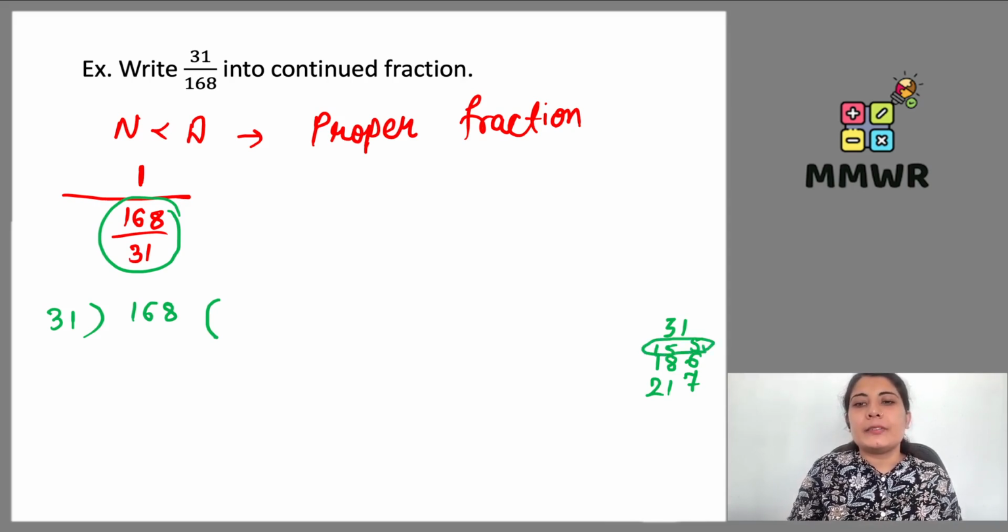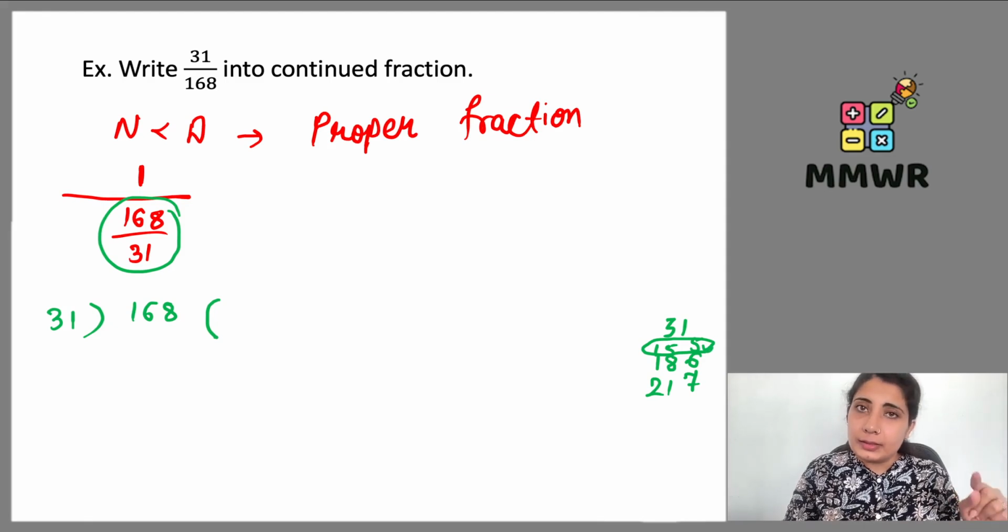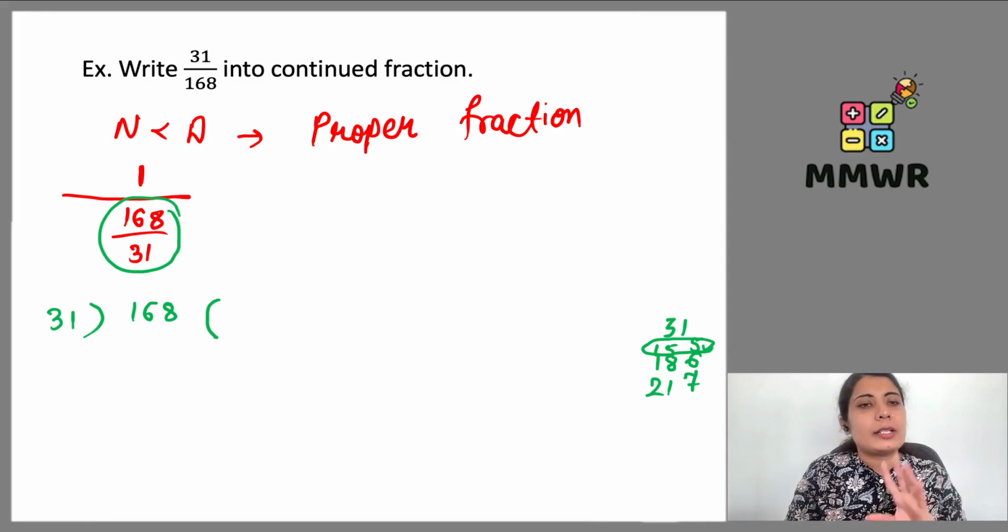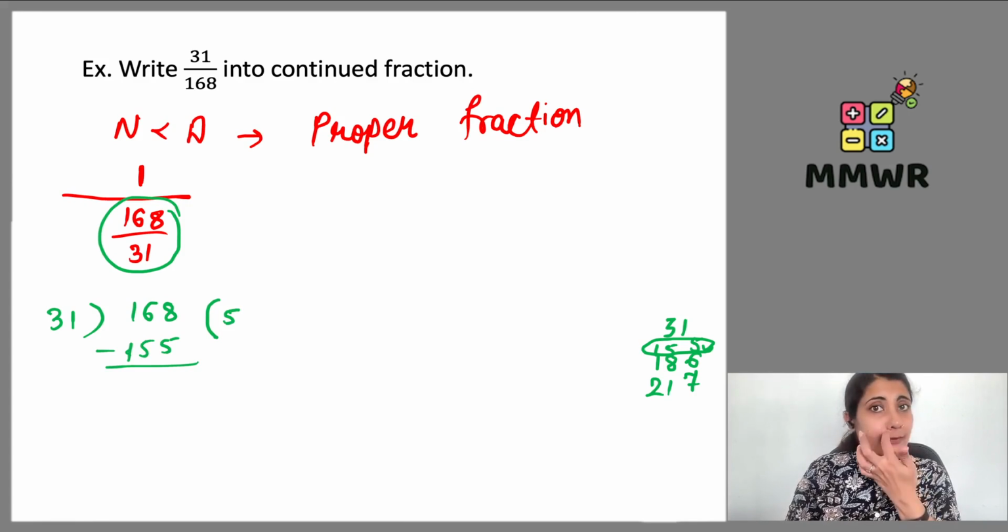We can take 155 here because it is lesser than 168. There is no number between 155 and 168 in the table of 31, so we divide 5 times, taking 5 as the quotient. Now 155 subtracted from 168 gives the remainder 13.